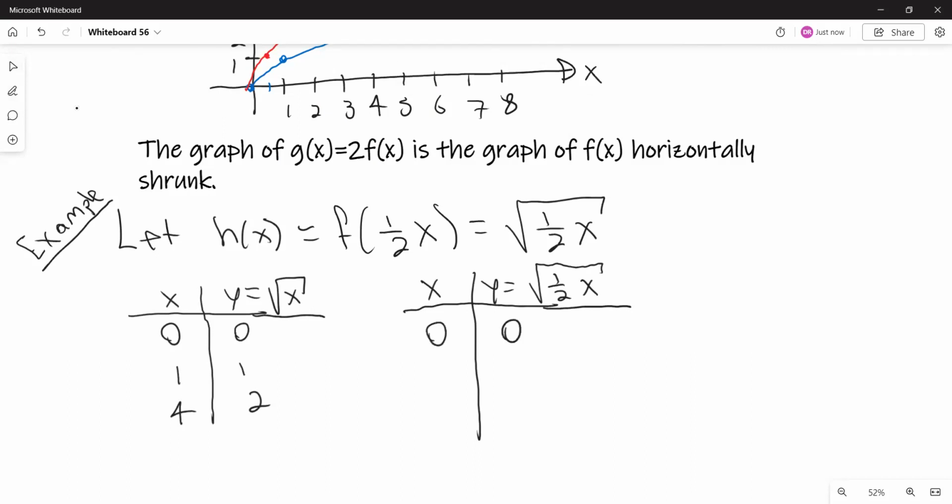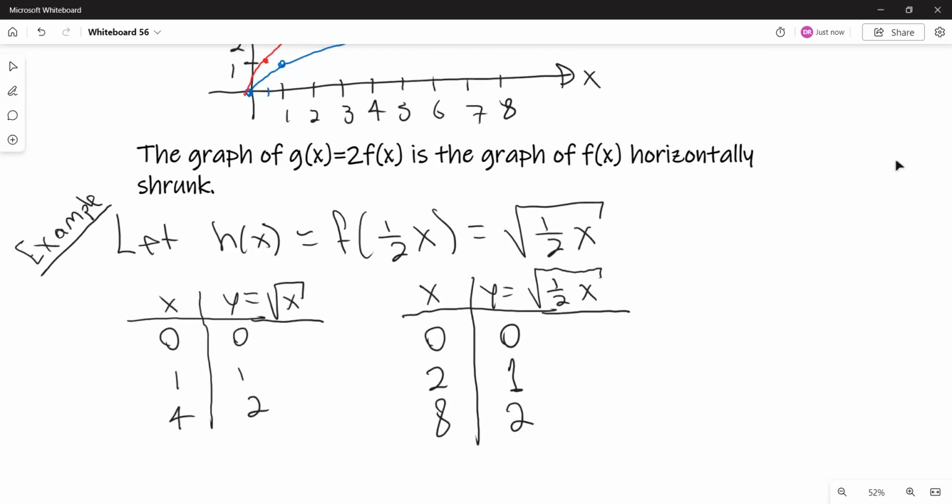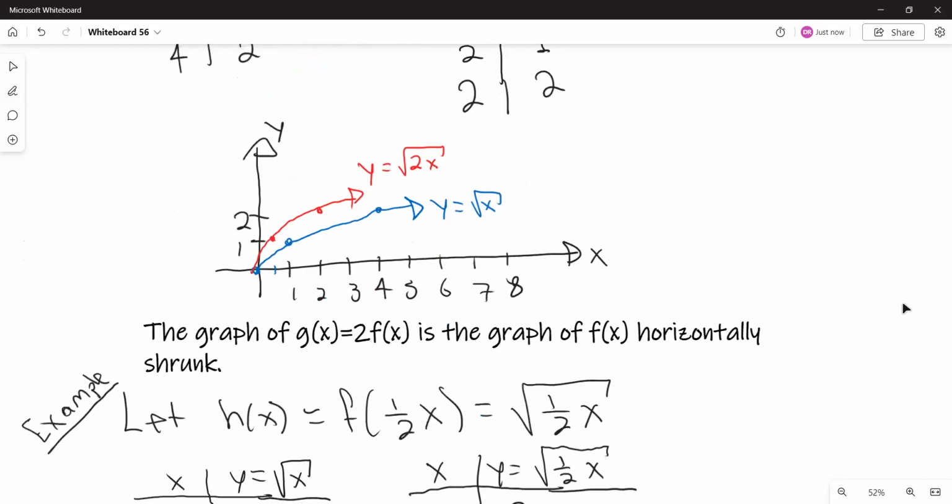So I still have 0, 0, but if I want the second point to be an integer, I'm going to let x be 2, because 2 times 1/2 is 1. And the next point is going to be x equals 8, because 1/2 times 8 is 4, and the square root of 4 is 2. So we're going to graph h of x.